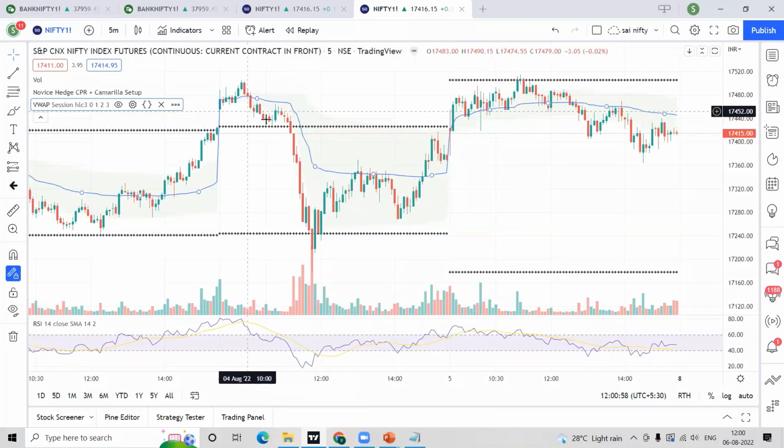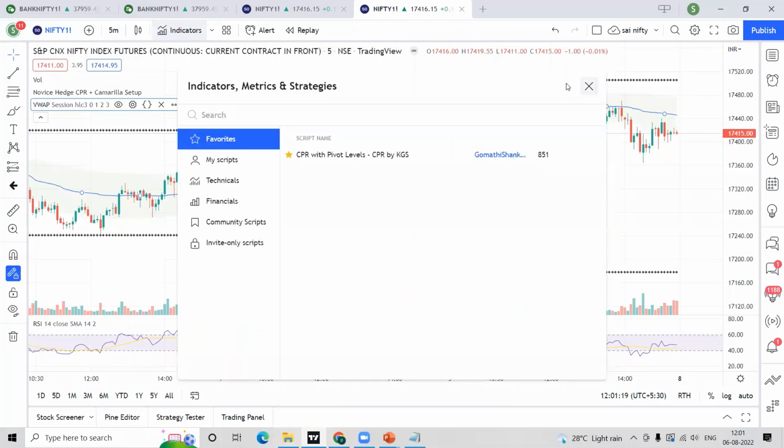Whenever the price is below VWAP, sellers are in control. Whenever the price is above VWAP, buyers are in control. VWAP works very beautifully because it is created by the big sellers and big buyers. That's why VWAP is working. Another thing I am going to add, I already added RSI.